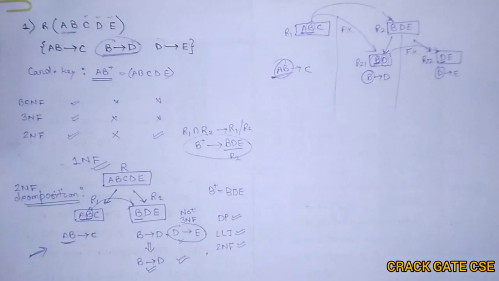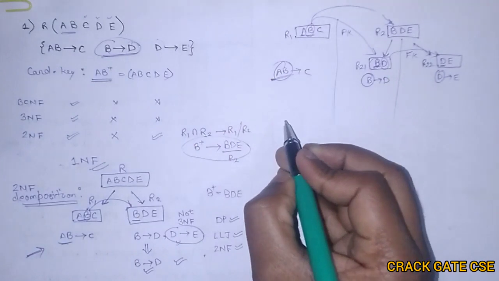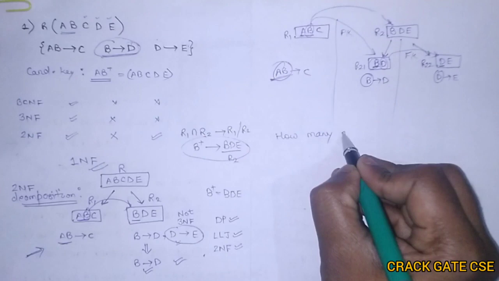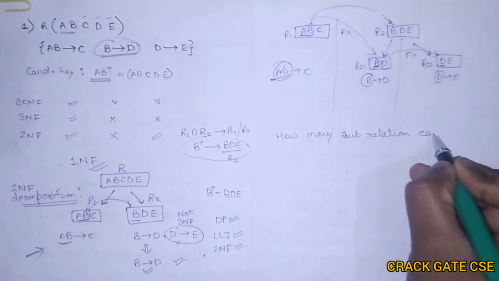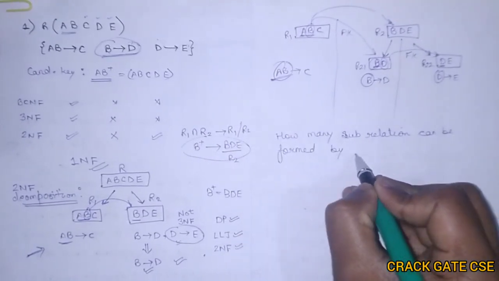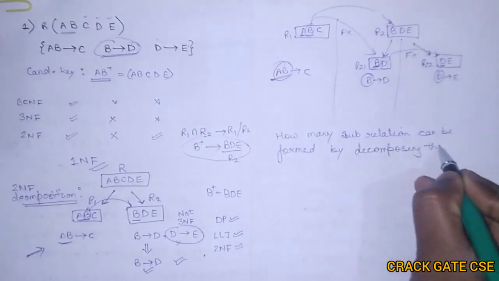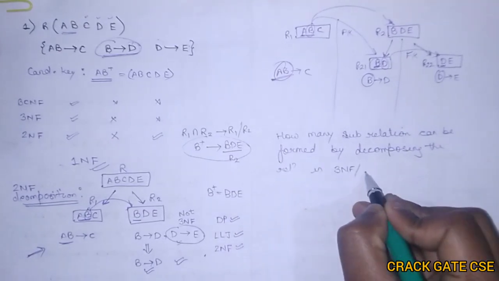So this is how you can decompose a relation into a higher normal form, and let's see what kind of questions can come from this. In GATE, they will ask how many sub-relations can be formed by decomposing the relation in 3NF or BCNF.